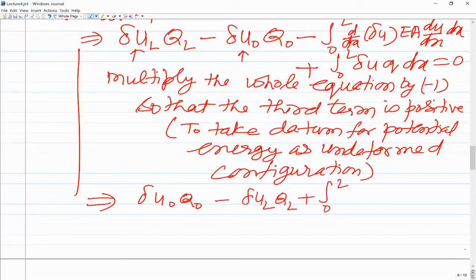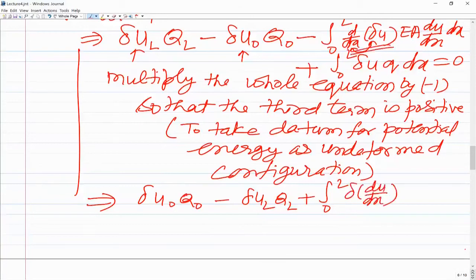Another important property of this variation is that the variation and the derivative operator can actually be interchanged. So this term, as you see here, I can also write as delta of du/dx.